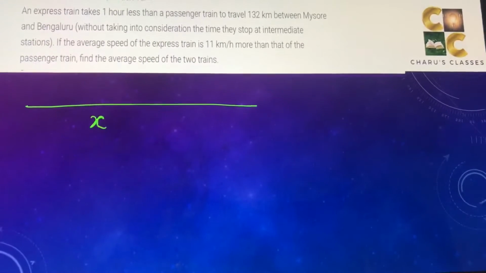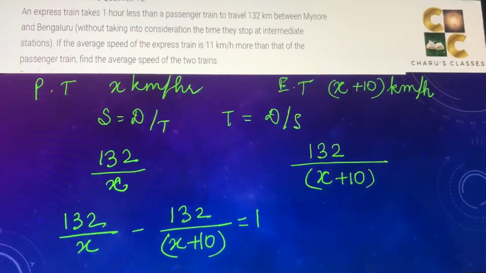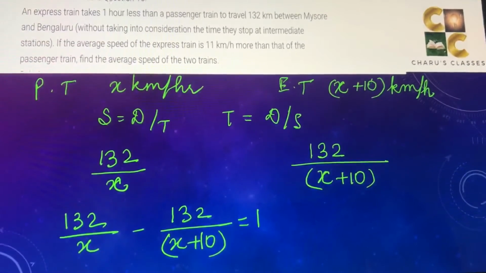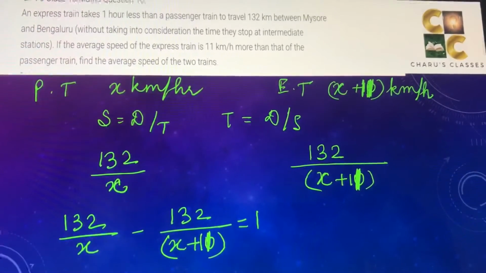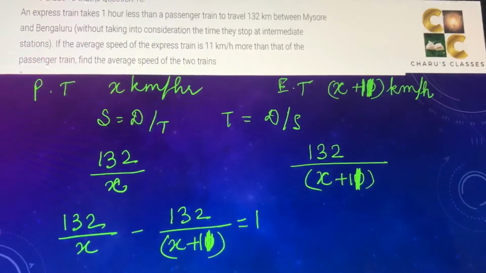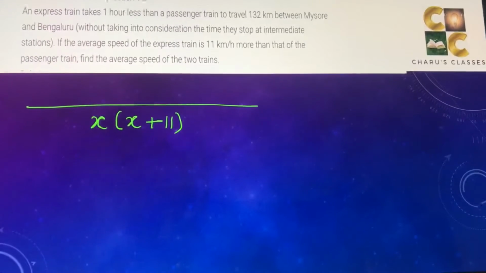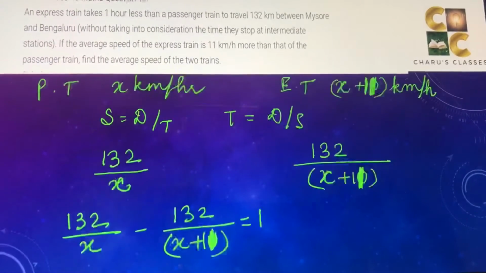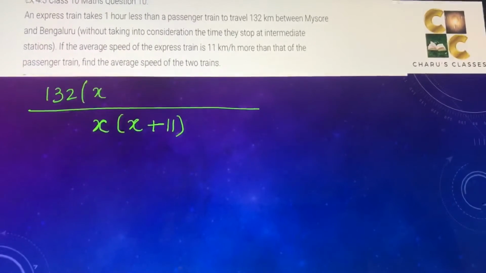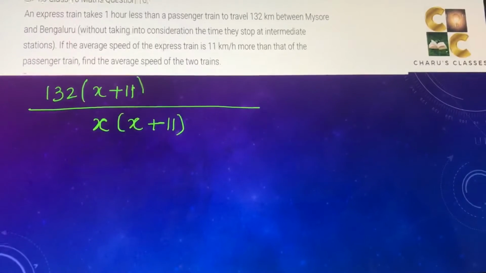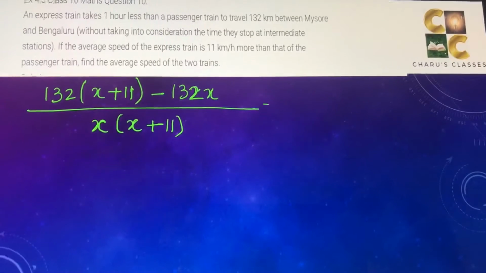Taking a common denominator, x into x plus 11, as the express train has a speed of 11 kilometers per hour more. And then we will cross multiply, which is 132 multiplied by x plus 11 minus 132 multiplied by x.